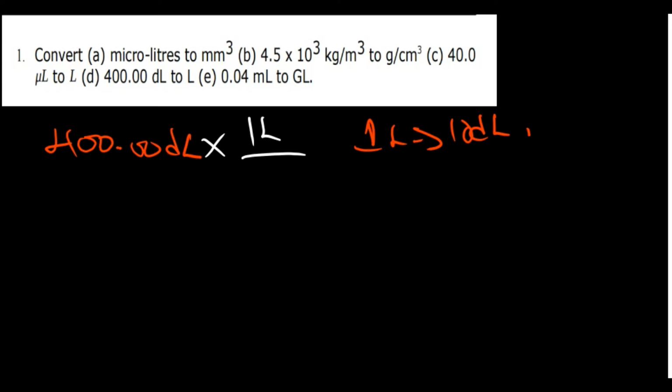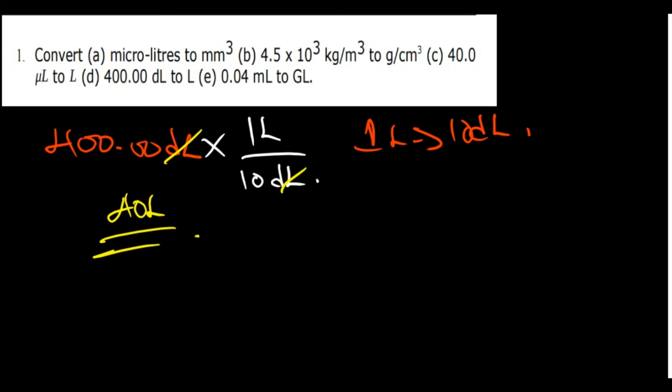We have got 10 deciliters. Deciliter and deciliter will cancel. We're going to remain with liters. So it's just a matter of us saying 400 divided by 10, which is going to give us 40. So we're going to have 40 liters.